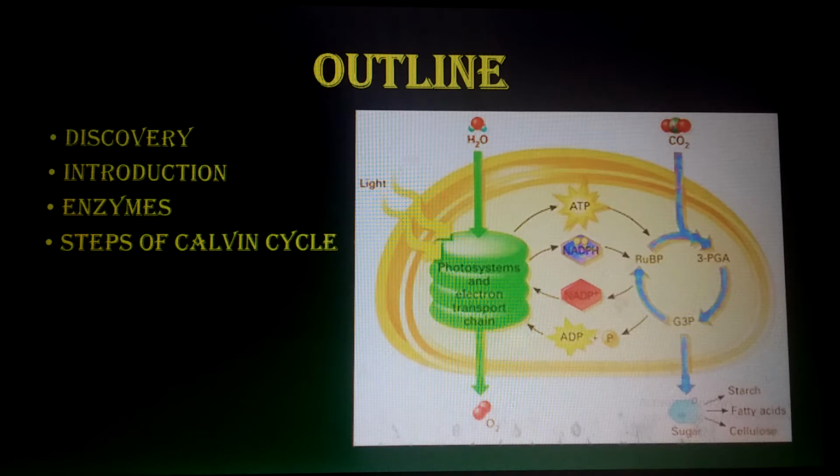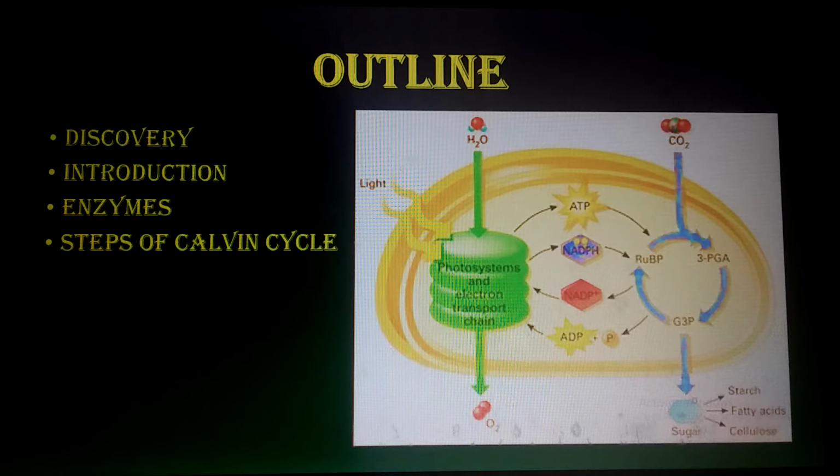It takes the energy from the light reaction in the form of ATP and NADPH. That's why it is called the dark reaction, because it occurs in the stroma and does not take sunlight directly, but takes the energy which is synthesized during the light reaction in the form of ATP and NADPH.